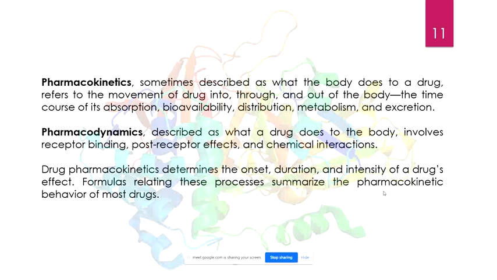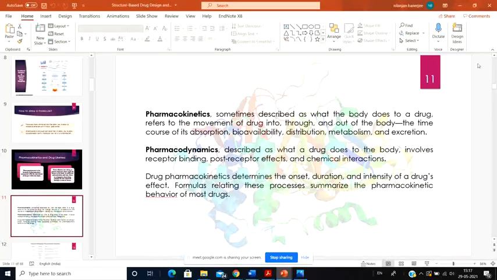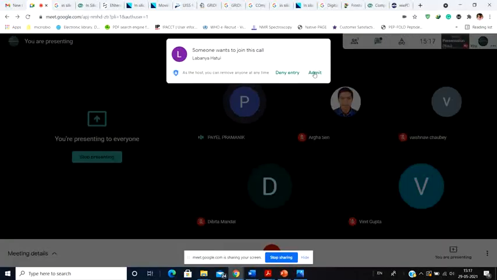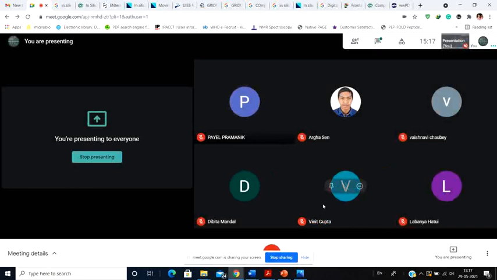Now, there are various other criteria for absorption also. Suppose you are ill and you have high fever. What is the drug that you are going to take if you have fever? Paracetamol, absolutely. You have to take paracetamol.